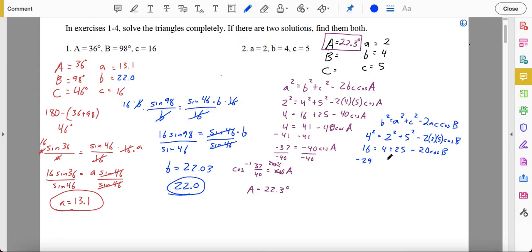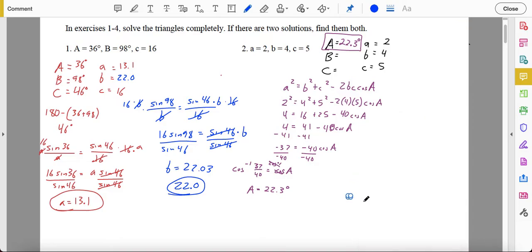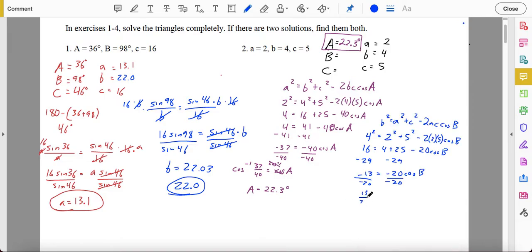So subtract 29 from each side. Negative 13 equals negative 20 cosine B. Divide by negative 20. And now we've got 13 over 20 equals cosine B.